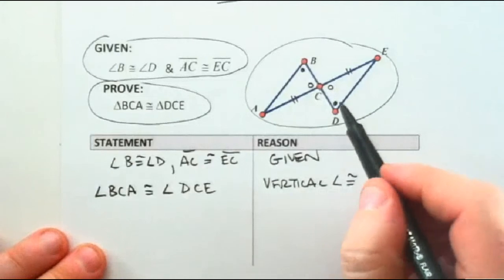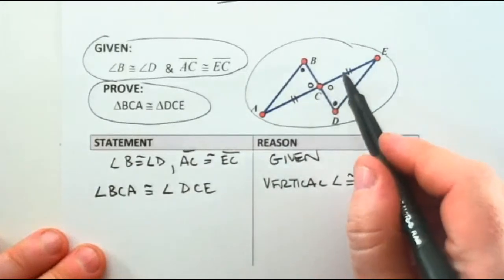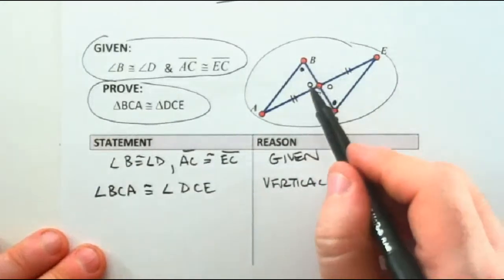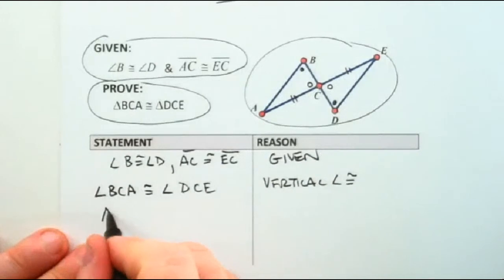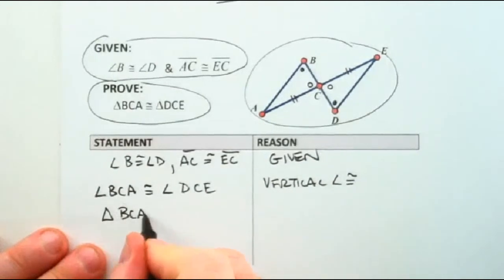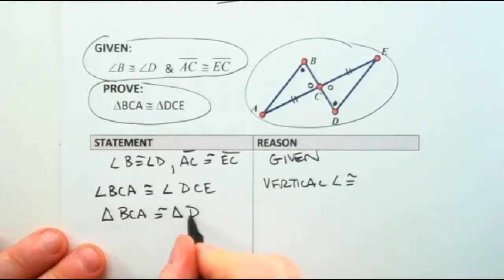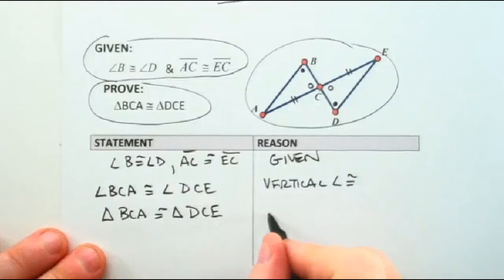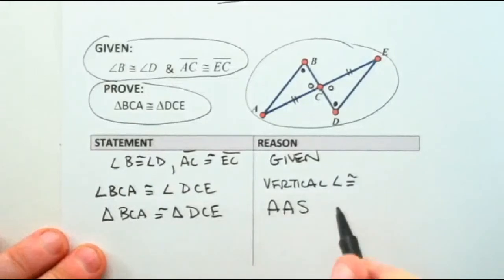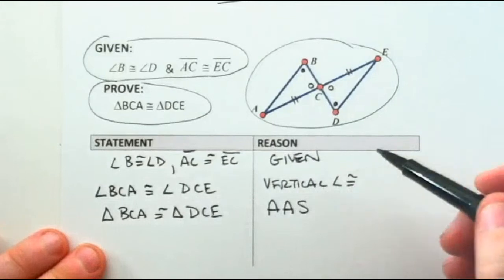Well, guess what? Now I have an angle, and then a side. An angle, and then a side. So I could say now triangle BCA is congruent to triangle DCE because there's an angle, and then a side that are congruent. You see the pattern of what I'm doing?